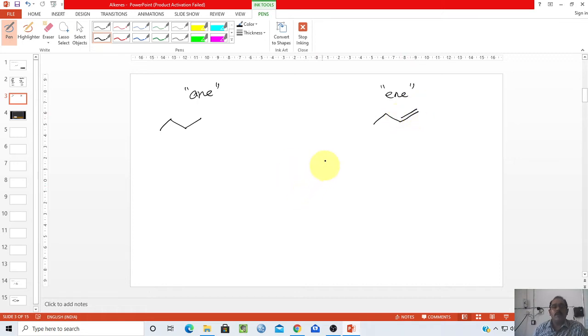Shall I number the carbons? 1, 2, 3, 4. If the hydrogens are removed from the first and second carbon, we will have this. This is the product. This we call butene.